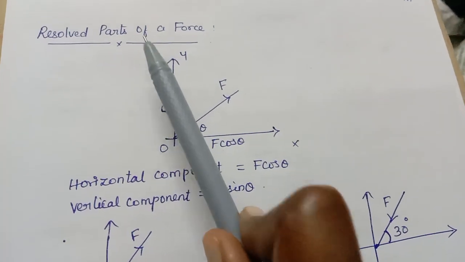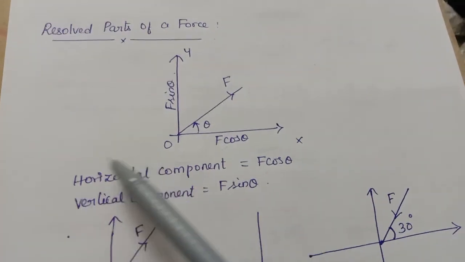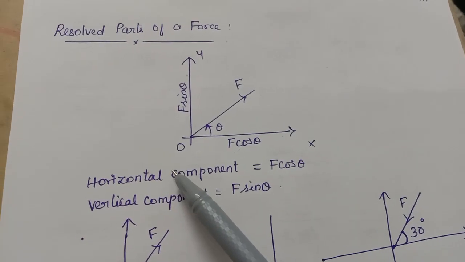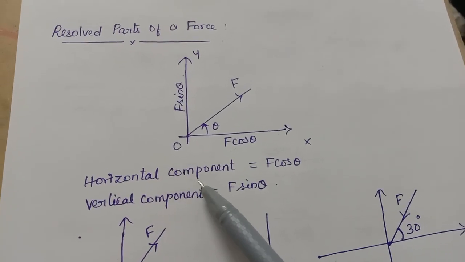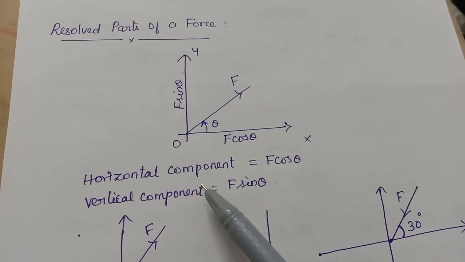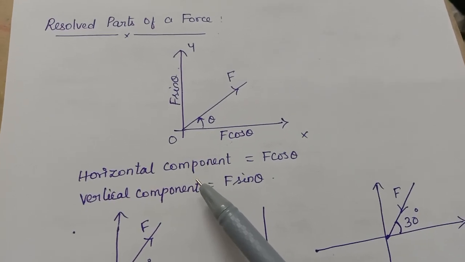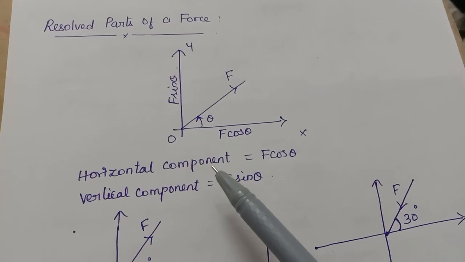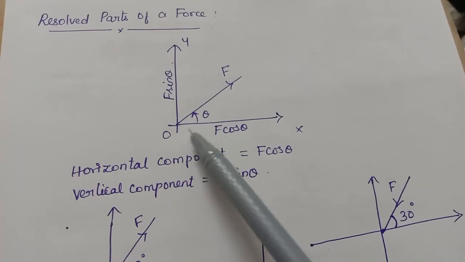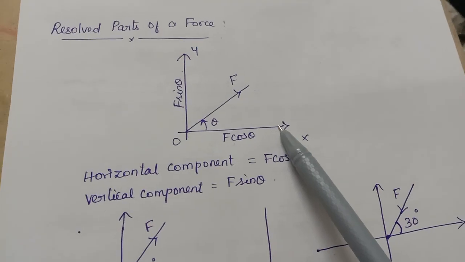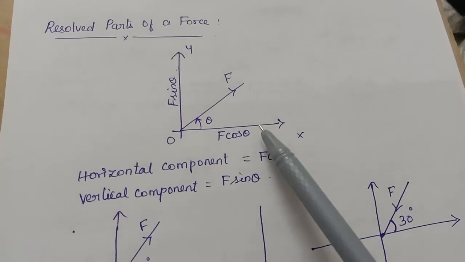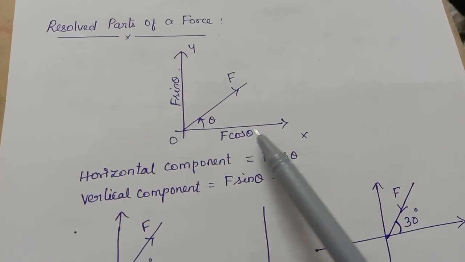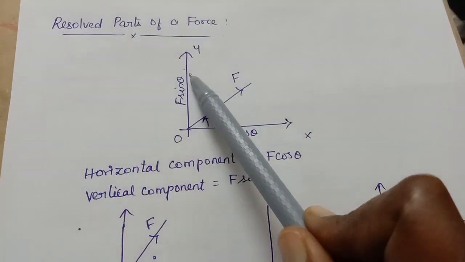So what can we do in this type? If I have n number of forces, I can find the angle each force makes with the horizontal line. Let P1, P2, P3, etc. Pn be the n forces, and let theta 1, theta 2, theta 3, etc. theta n be the angles made by them with the horizontal line. Then each single force can be split up into two components, one along the horizontal and one along the vertical.